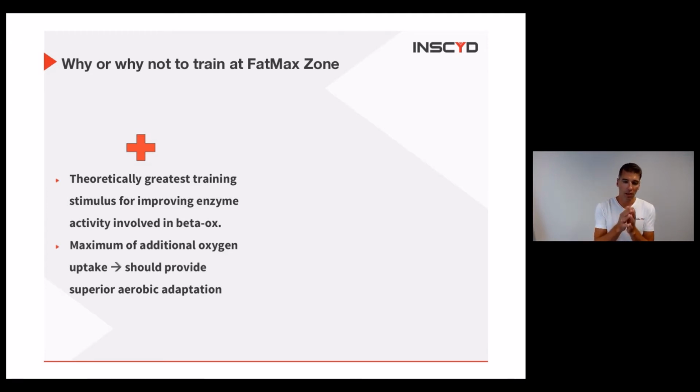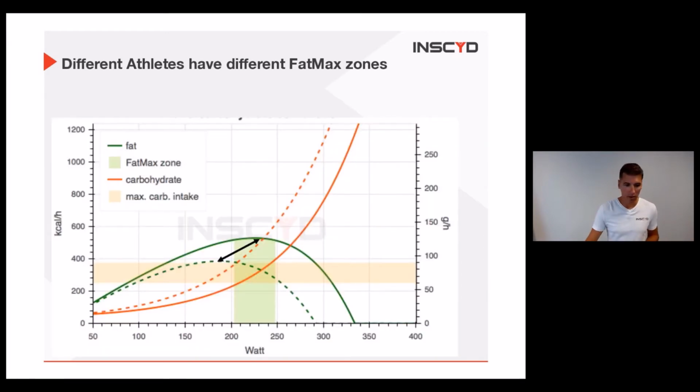So when you ride at fat max, think about it this way: you have the highest processing rate going on in all these enzymes which are involved in fat combustion, right? Because at a lower intensity, let's go back here, if you see the left or right of this apex, there's less fat combustion, therefore there's less activity of burning fat, right?